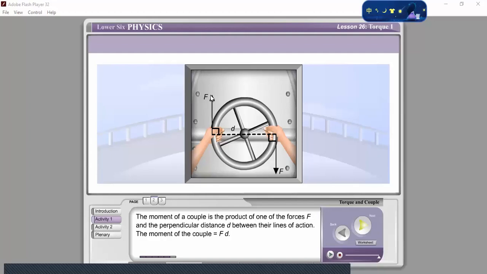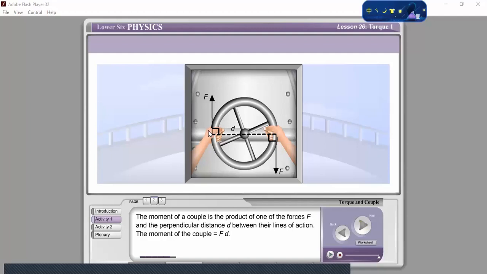So in this case, we turn with F. These two, although they are in opposite directions, we cannot say that they cancel each other.